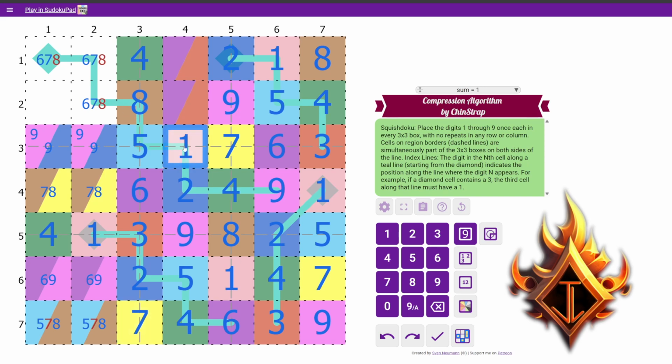The first digit is 6. And I think the third digit is 7. And then that'll be... Oh, no. Back it on up. 5.